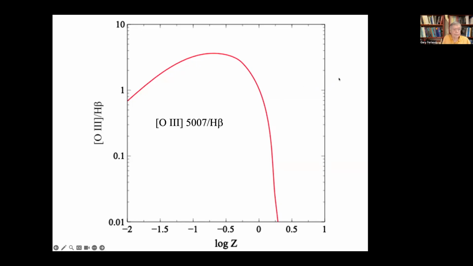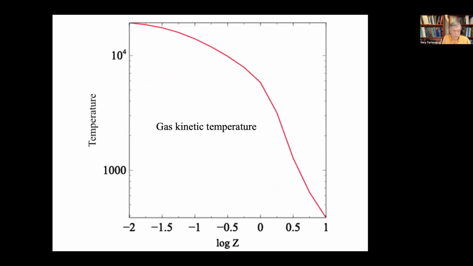What's happening is clear once you look at the temperature file. So this is the gas kinetic temperature, the electron temperature, which is saved in the overview file. So we can see at 1% of solar, the temperature is up at 20,000 degrees. That's very hot for an H II region. Down around the solar-ish, you have temperatures of 7 or 8,000 degrees.